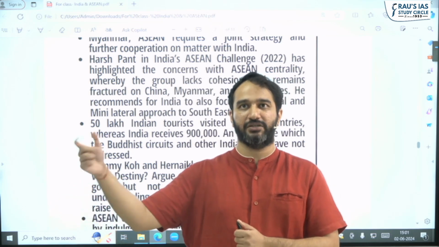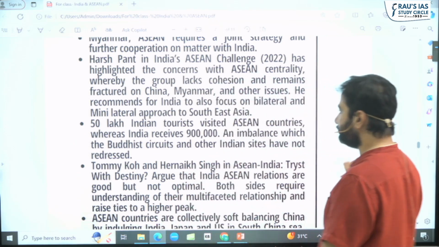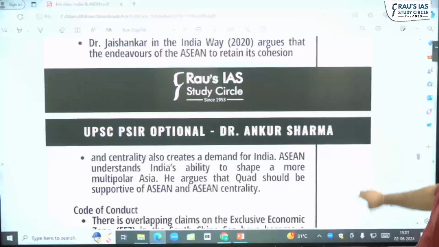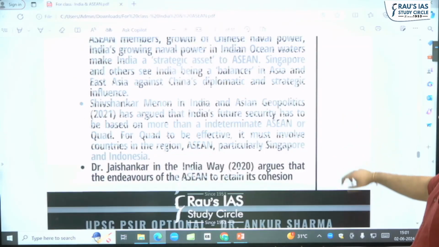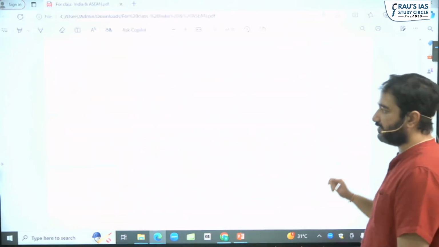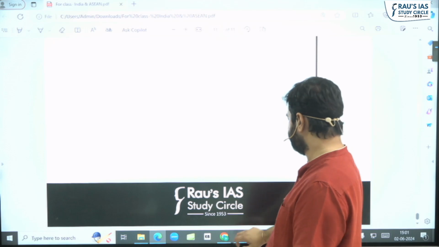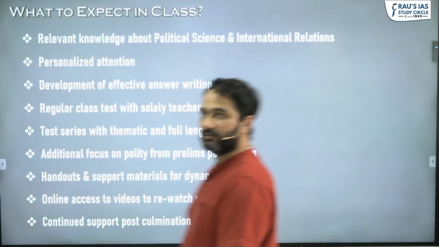So for that, there would be handouts. What Dr. Jaishankar has said, Shiv Shankar Menon has said, Amitav Acharya has said on the India-ASEAN relationship. So all of this you'll get as a handout. Let me share it in the chat also.